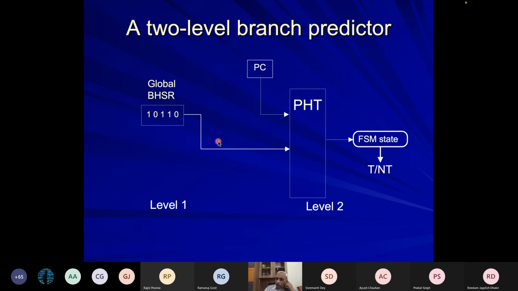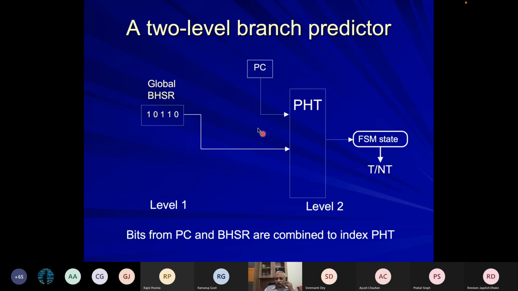The indexing into this actually is done by a combination of what the current program counter value is and what this register is telling you. But the two put together may be a lot of bits. You have 32 bits here, maybe you have 10 bits there, so this could be a huge table.